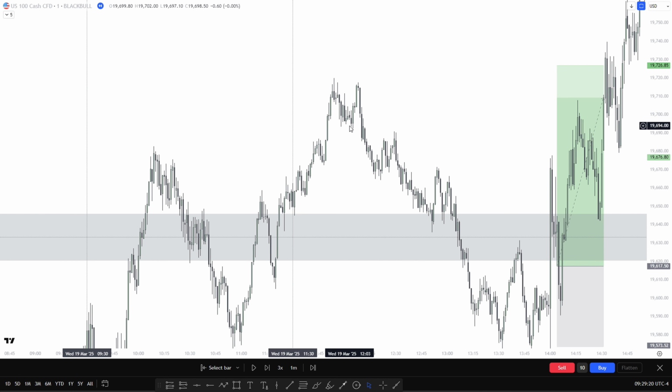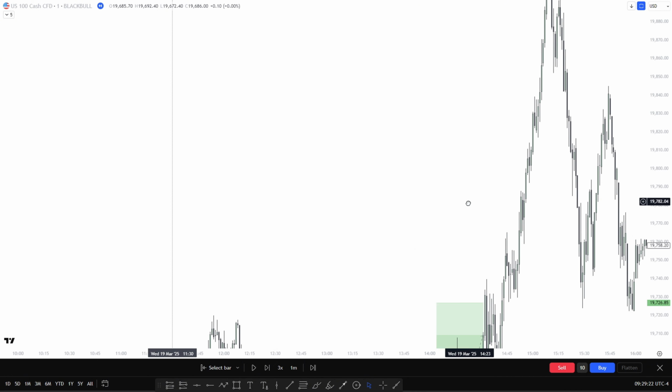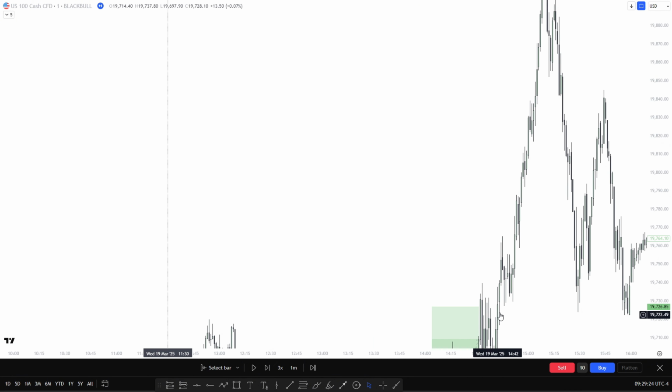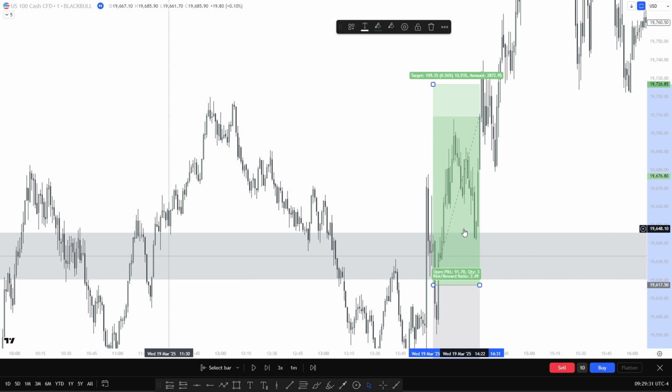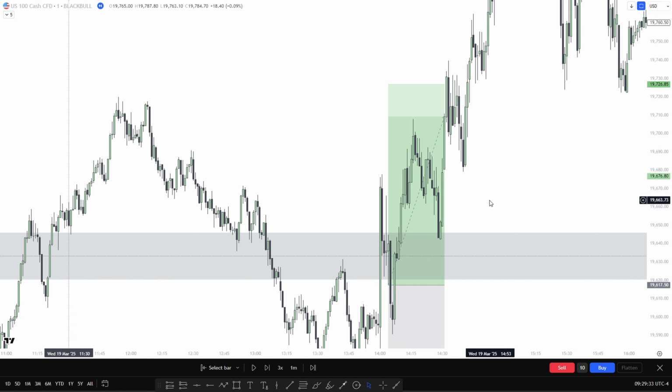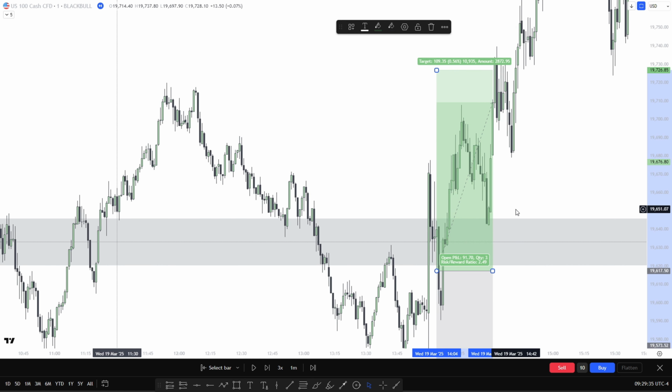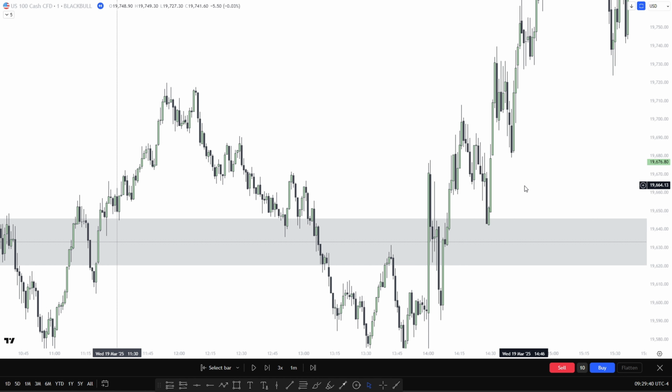But even more, if your overall bias is extremely bullish, you can ride this longer term. You can even have time-based exits, but more on that another time.